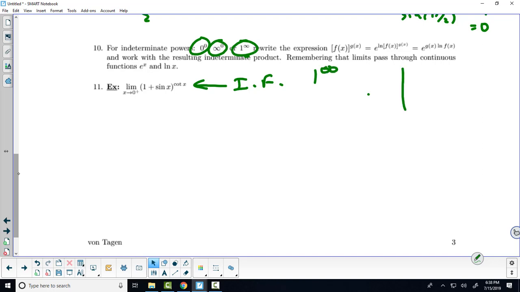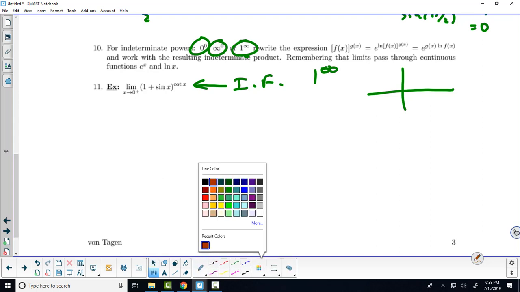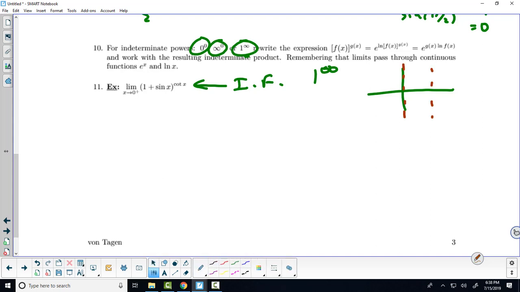Folks, your cotangent curve has asymptotes here, here, here, and looks something like this. So as we approach 0 from the right, we're approaching positive infinity. So this has the indeterminate form 1 to the infinity power.